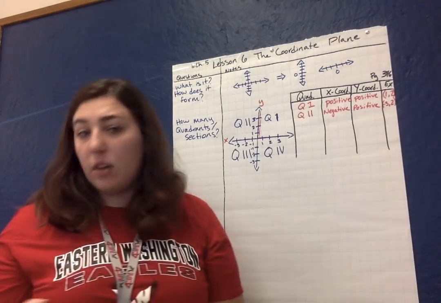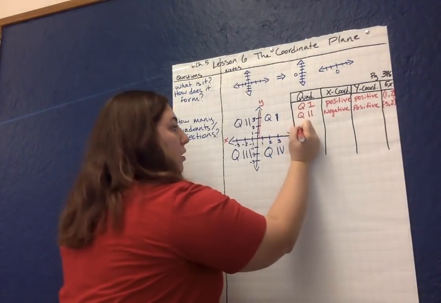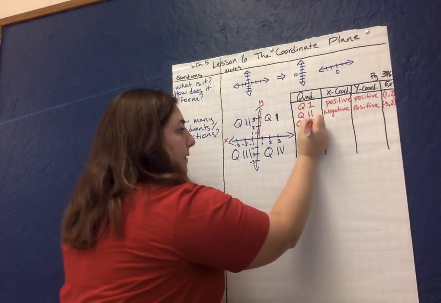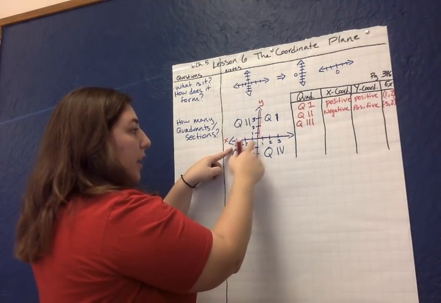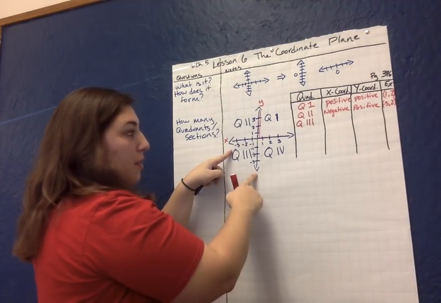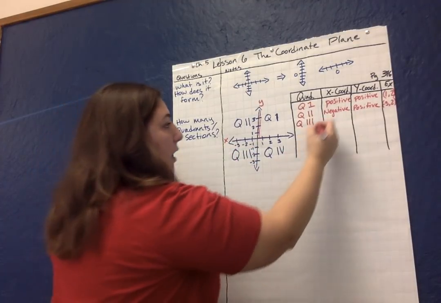All right, let's look at quadrant 3. Okay, in quadrant 3, we have -x. Okay, they're all negative, and then a -y. Because as you go down, it keeps getting negative.